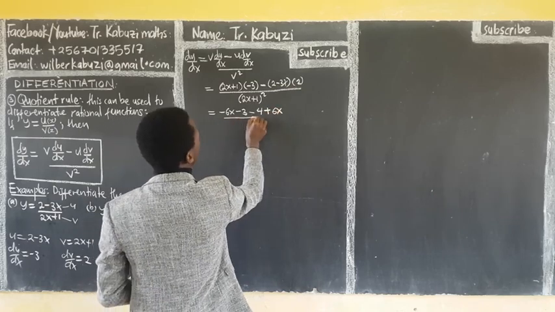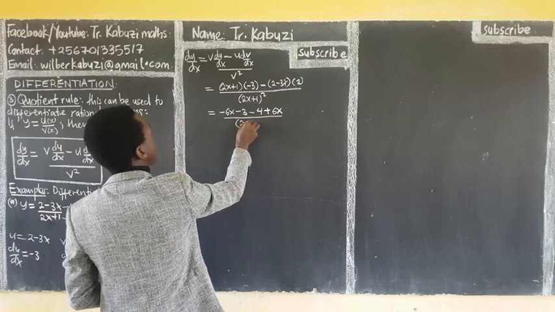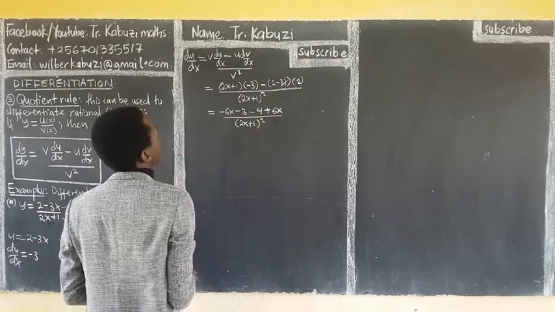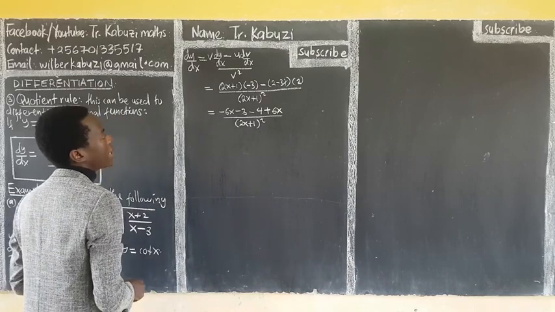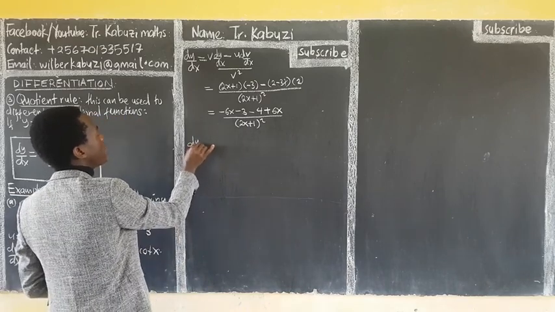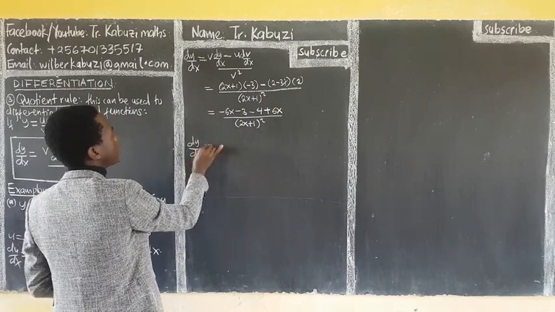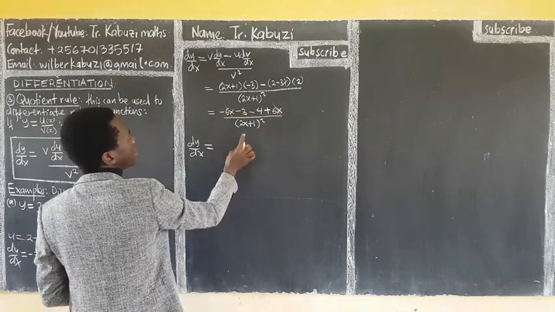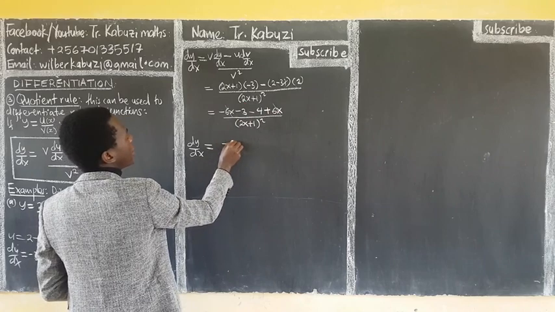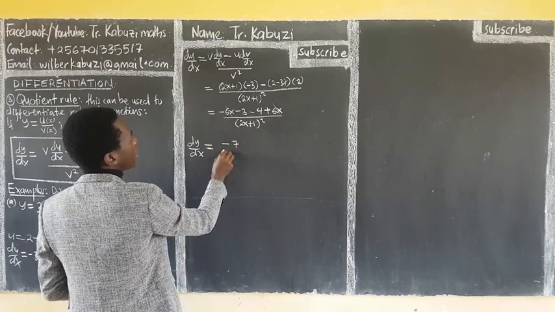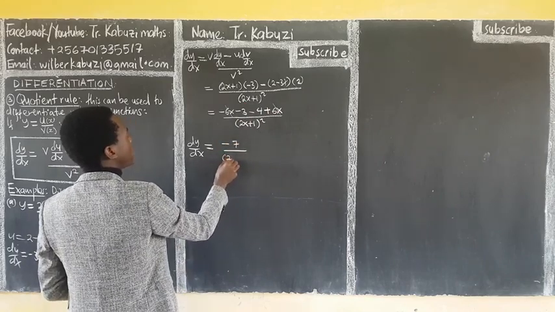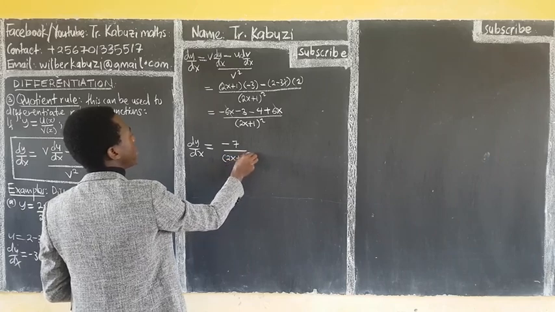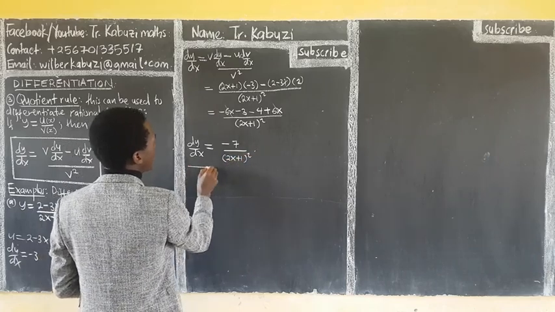The whole thing over 2x plus 1 squared. Now we can easily simplify that. So my dy/dx is negative 7 over 2x plus 1 squared, and that will be your answer.